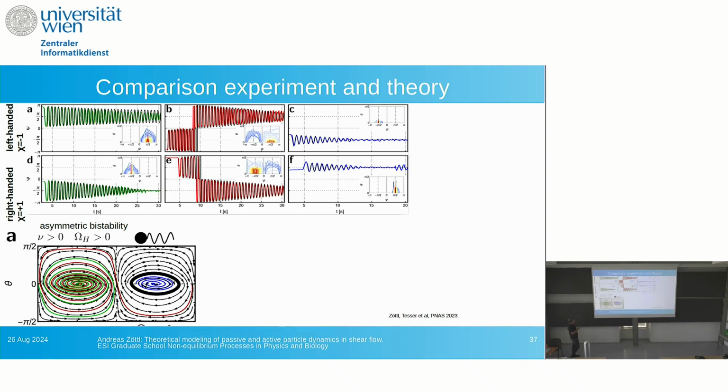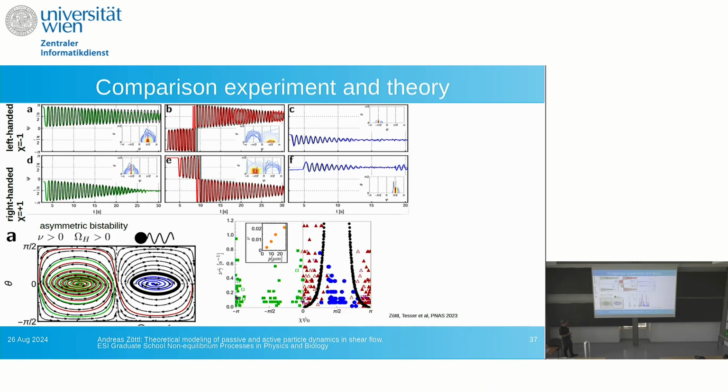We call it the asymmetric bistability because here is a stable point or a marginally stable fixed point essentially. And here is another fixed point, which comes from the gravity. So if you start sufficiently close to here, then you will go to this fixed point. But I don't have time to talk about these details here. But I hope you're convinced that this simple modeling works, and we will also use these kind of simple equations in the afternoon to study the dynamics of passive and active particles in simple shear flows.